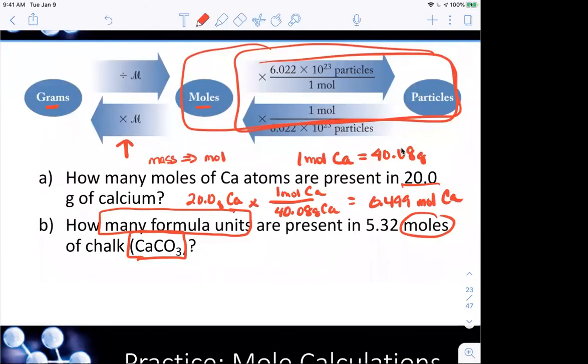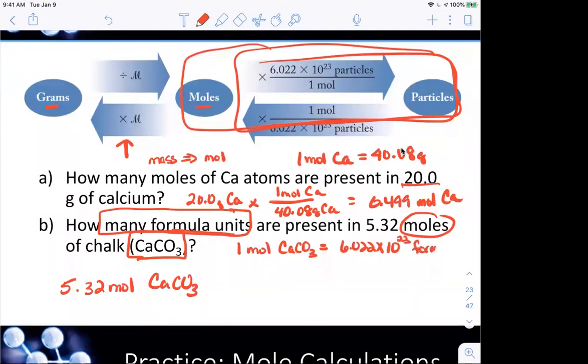So if I have 5.32 moles of CaCO3, if I want to know how many formula units, I'm going to use 1 mole of CaCO3 is equal to 6.022 times 10 to the 23rd formula units of CaCO3 as my conversion factor.